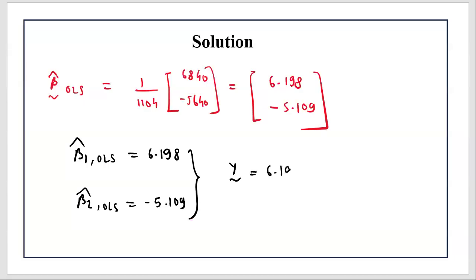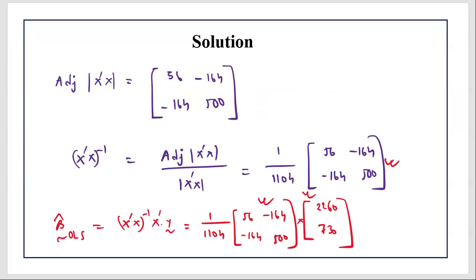So what will our model become? Our model will be this times education plus minus 5.109 times the experience, and plus the error term is there. So that is how we have estimated these two values.